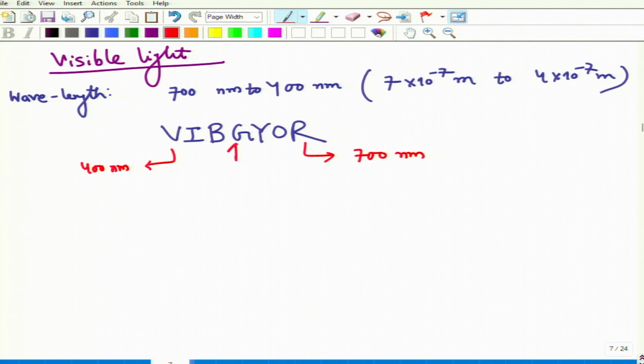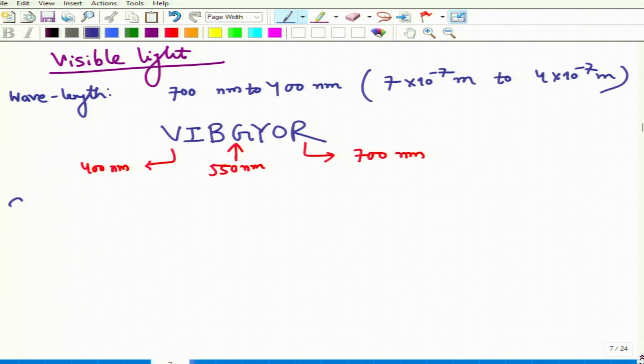We can say green is around 550 nanometers, if I am not wrong, yes, 550 nanometers. So these are the different colors. If there are electromagnetic waves of, let's say, wavelength 420 nanometer, essentially that will stand for the violet or purple-like color. Okay, so these are the colors of visible light.